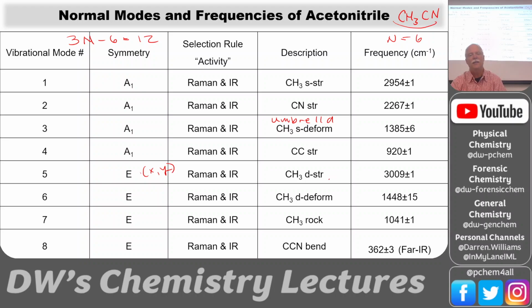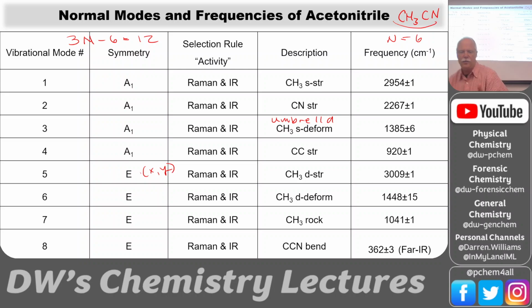Which one? This one? Okay, so I'll change this one to, well, here's a CH3 rock. This would be like this motion here. So the rocking can go this way or that way. Okay, this one where they're scissoring on one side or going, yeah.